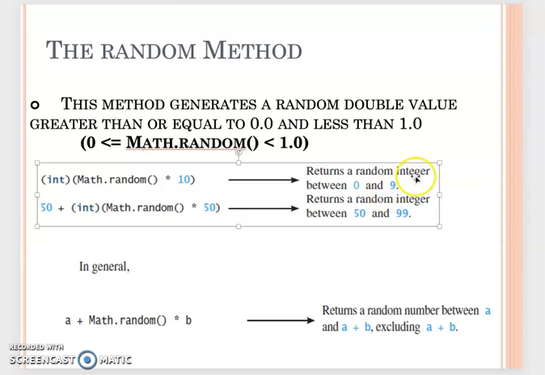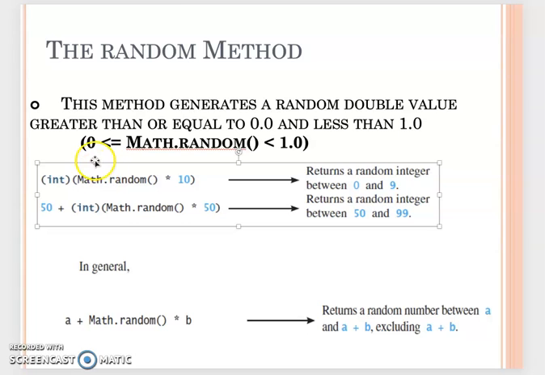However, I want the integer. Math.random returns a double number, and even when I multiply by 10, I still have many decimals. That's fine, just do the casting. When you cast to int, don't forget your parentheses around the whole value, so the whole value becomes an integer value. That's how we can create a random number between 0 to 9.